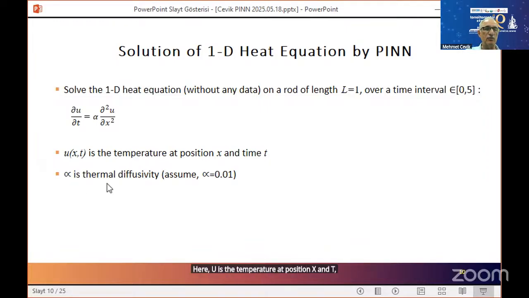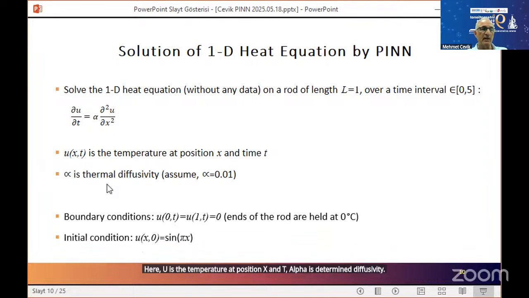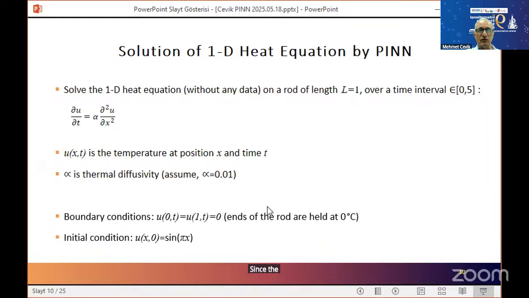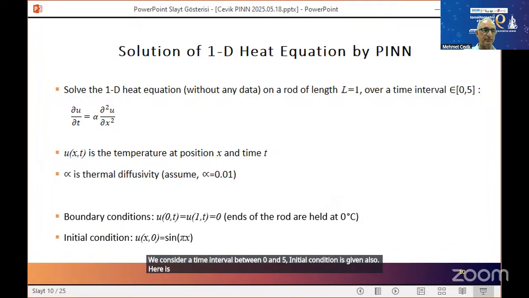Alpha is the thermal diffusivity. We have boundary and initial conditions as given here. u(0,t) and u(1,t) are equal to 0. This means that x=0 and x=1, since the length is 1, are the ends of the rod. At the ends, the temperature is 0. We consider a time interval between 0 and 5. The initial condition is given also here as sin(πx).